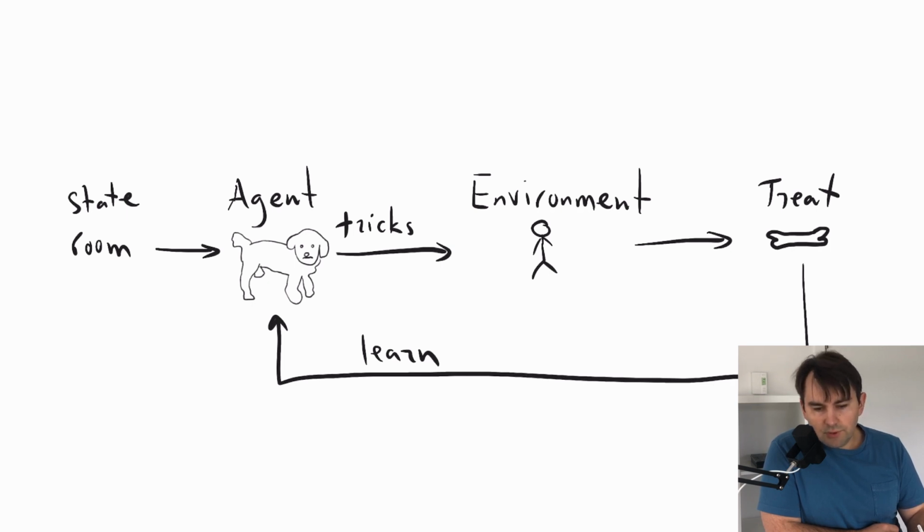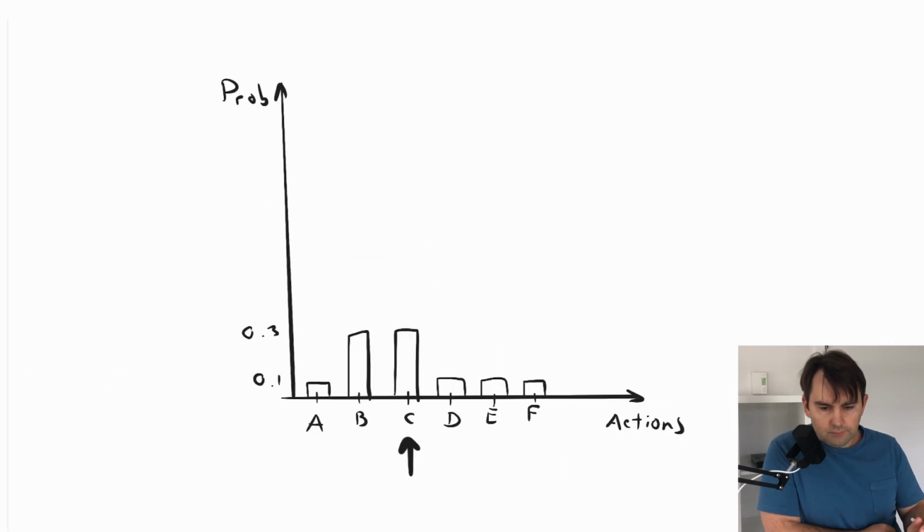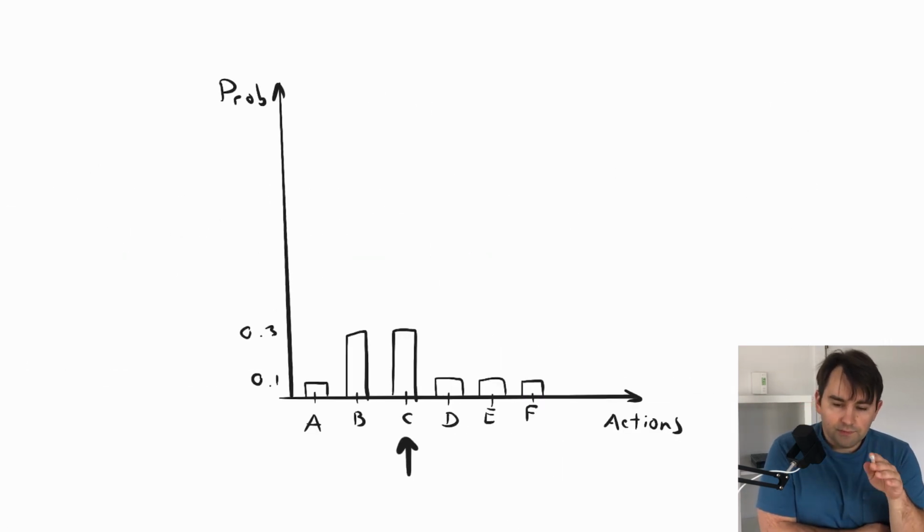And as we can see, the dog uses the treat to reinforce those actions that the owner considers good. In other words, if the dog selects an action that results in a good outcome, well, then it should take that action more often in the future.